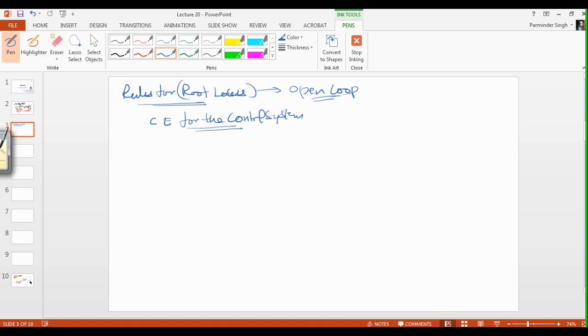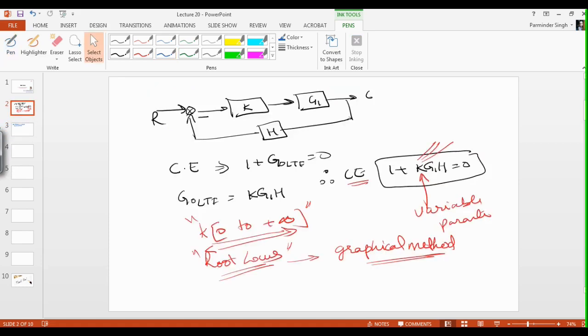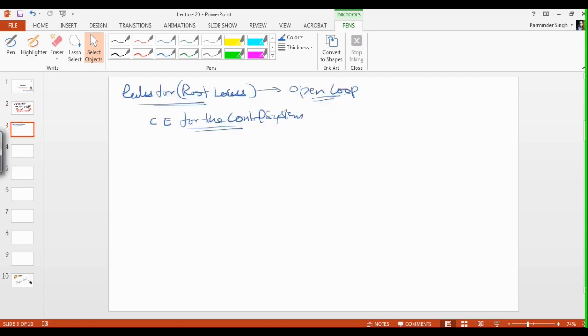Now suppose in this figure, what's the open loop transfer function? The open loop transfer function is K G1 H. Clear? So root locus is always plotted for the open loop system. Now suppose our open loop system comes out to be something like G equal to K times numerator by denominator.